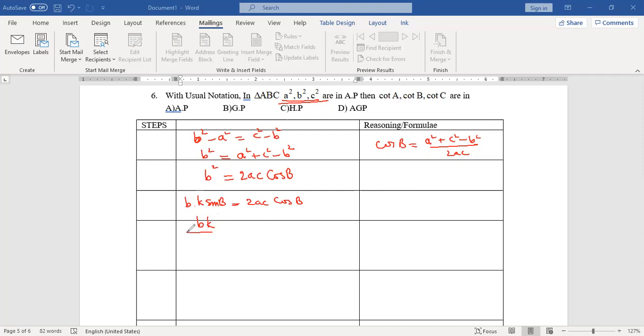So BK upon 2AC is cos B upon sin B. So cot B can be written as BK upon 2AC. Same way cot A can be written as, no, you cannot write that way.